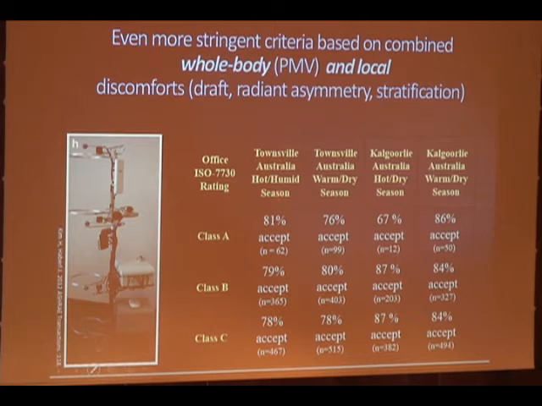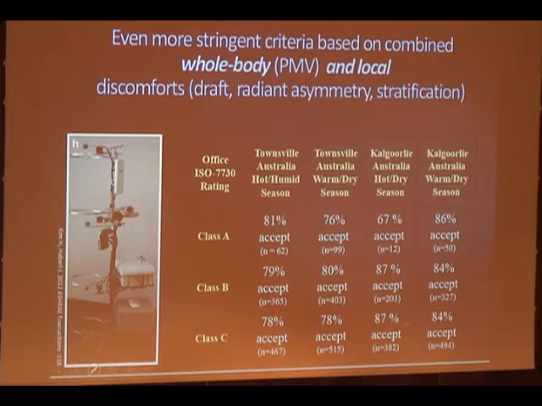In Townsville, in a hot, humid climate zone, it's around about 81 to 78%. In a hot, dry climate zone, it actually is very low, but that's because the sample size complying with all of the very stringent requirements for Class A drops down dramatically. We only had 12 observations that satisfied those criteria.